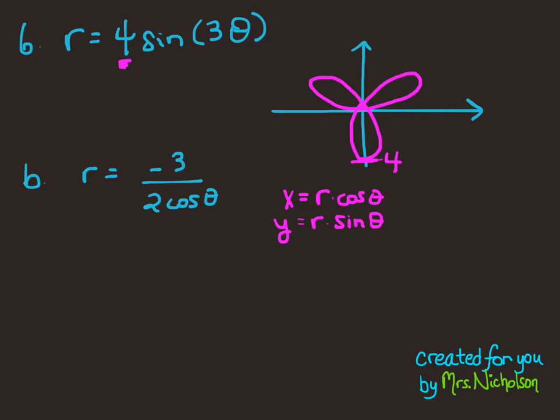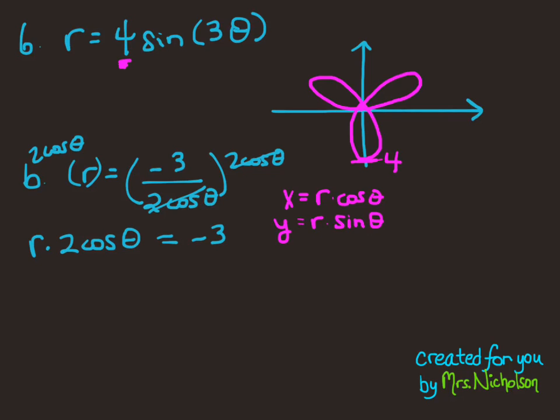So in this case, I've got r over here on the left, and I'm dividing by 2 cosine theta. And so what I can do is multiply both sides by 2 cosine theta. And so I end up with r times 2 cosine theta is equal to -3.